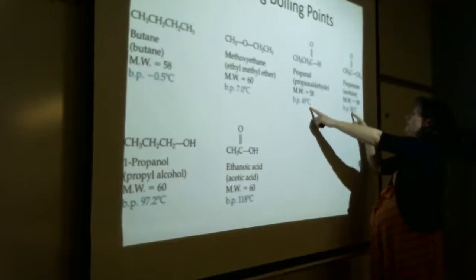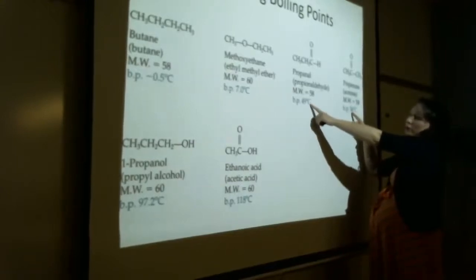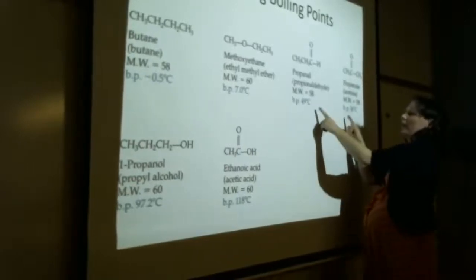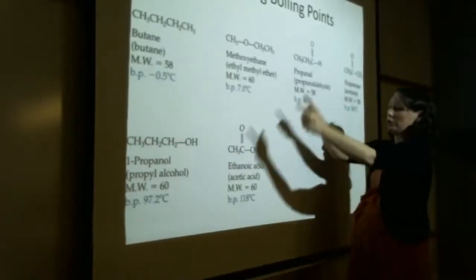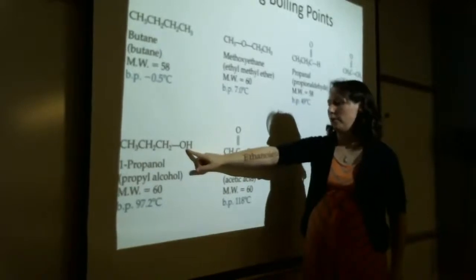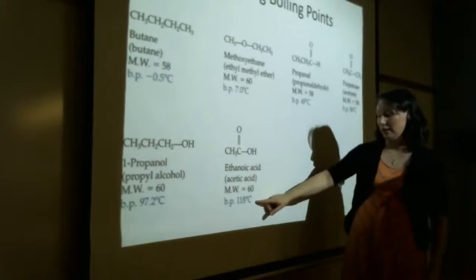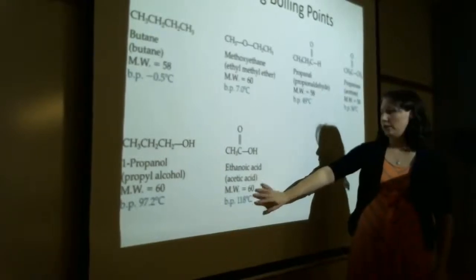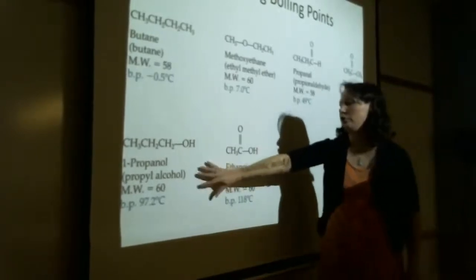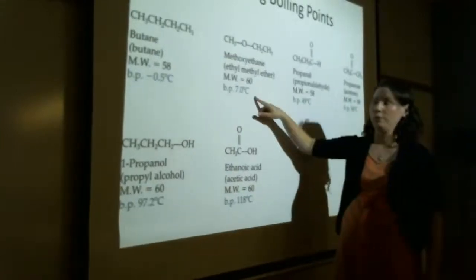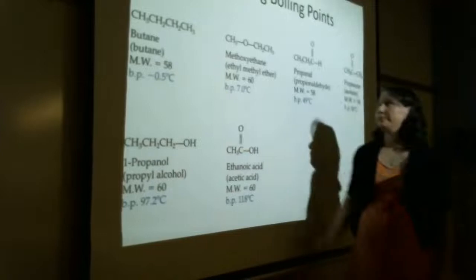There's a ketone at 56. It's a significant jump from here. And there's a significant difference between these two. And then you jump again when you get the alcohol involved, 1-propanol. And then when you get the carboxylic acid involved, you get a big jump too. So all three: hydrogen bonding, dipole-dipole, weak dipole-dipole, and then London only.